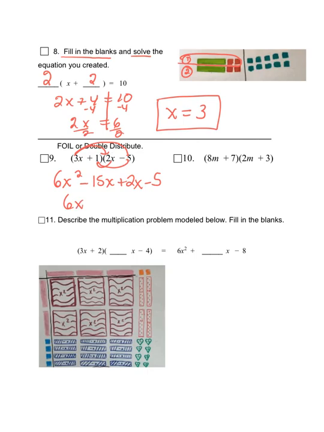So we'll have 6x squared, combined like terms, minus 13x minus 5.